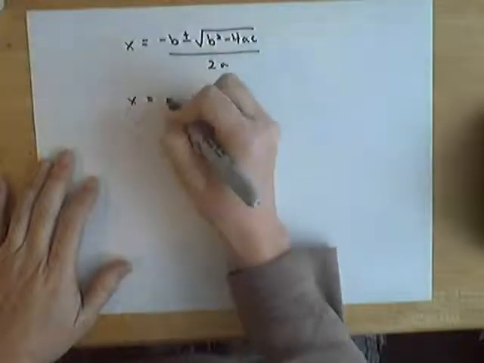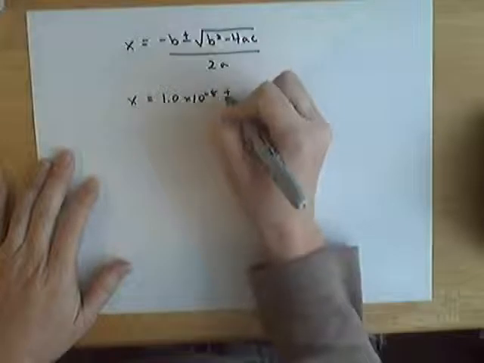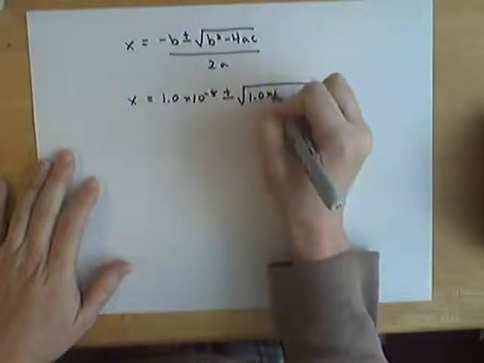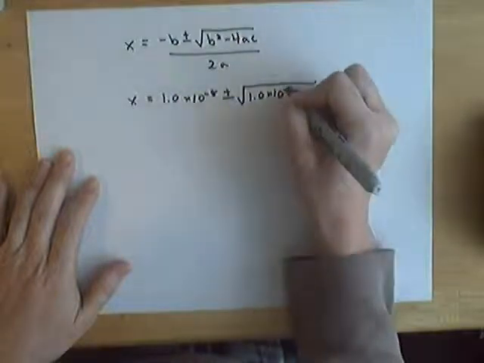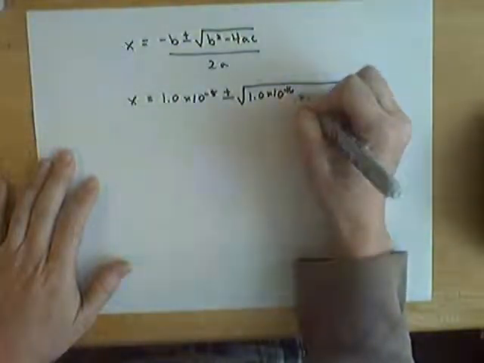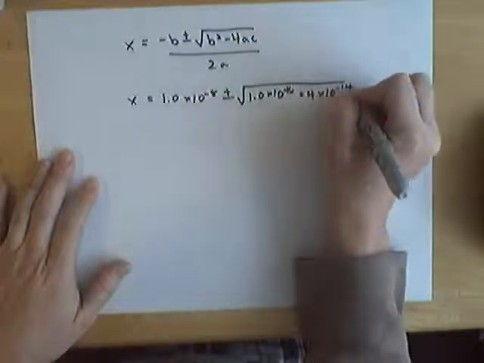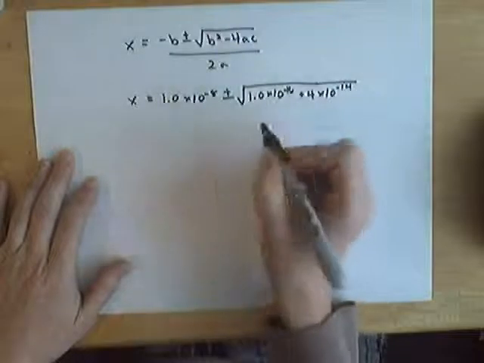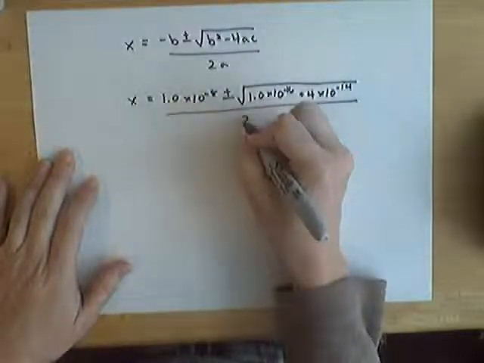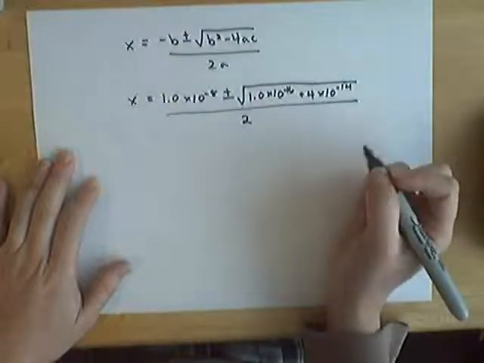So negative b is 1.0 times 10 to the negative 8, plus or minus the square root of b squared, which is 1.0 times 10 to the negative 16, and then 4ac ends up being 4 times 10 to the negative 14th. You should try these on your own also and make sure that you can get all the numbers that I get, okay? It's all over 2a, which is 2 times 1.